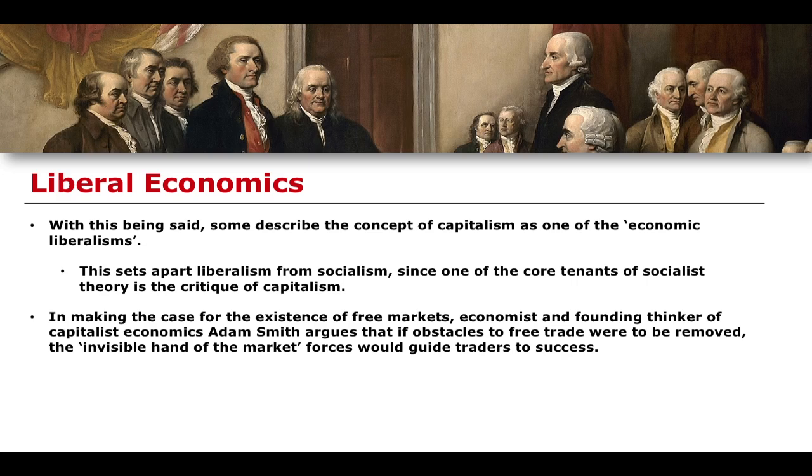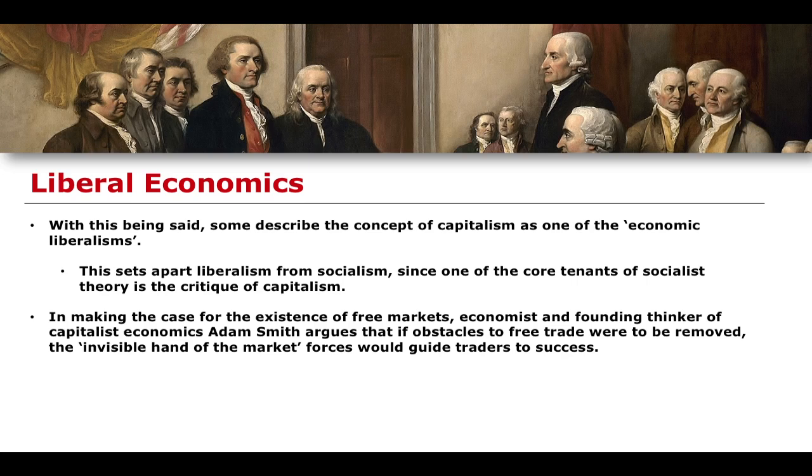But with that being said, some actually describe the concept of capitalism as one of the economic liberalisms. And what this essentially does is set apart liberalism on the one hand from socialism on the other, since one of the core tenets of socialist theory is a standing in contrast to, and therefore a critique of, capitalism. That's what socialism essentially does.